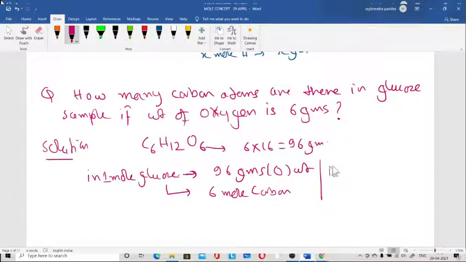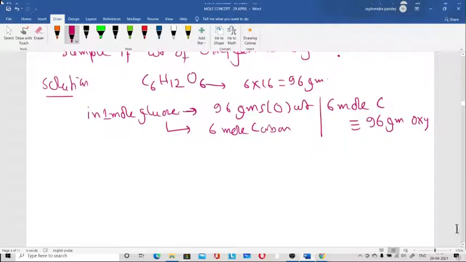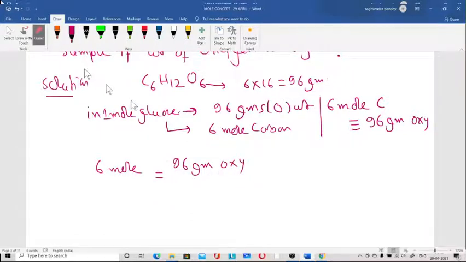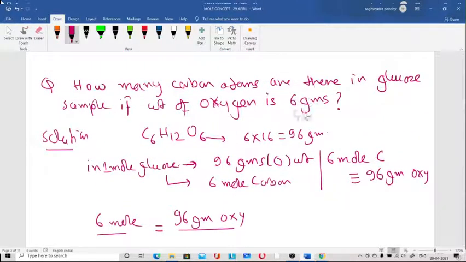So here we can write 6 mole carbon is equivalent to 96 gram oxygen. This is the equation we can form. So how much oxygen do we have? 6 gram oxygen.